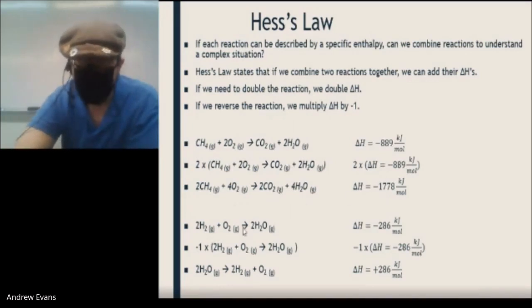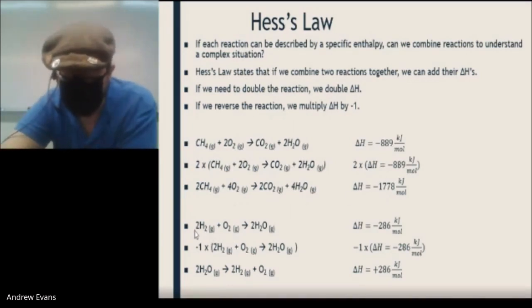If I look at an example I gave here with water, 2H2 plus O2 goes to 2H2O, that would have -286 kilojoules. And if I reverse that, I'd be multiplying by -1. How would you make a negative number positive? You would add it to both sides, thus causing it to cancel out.